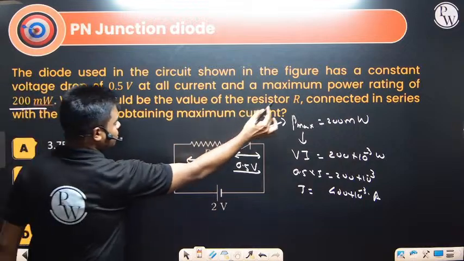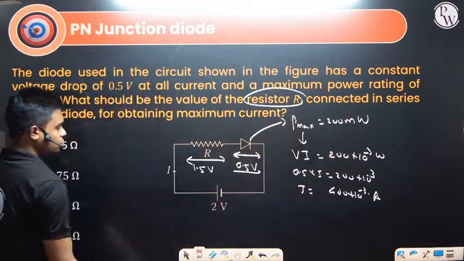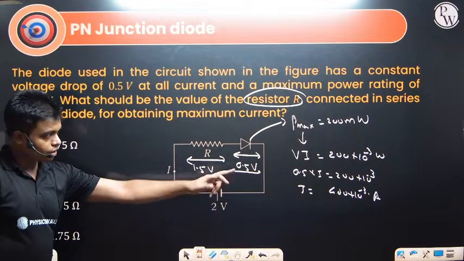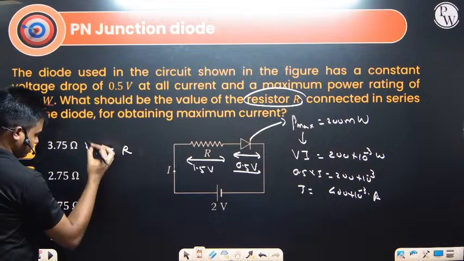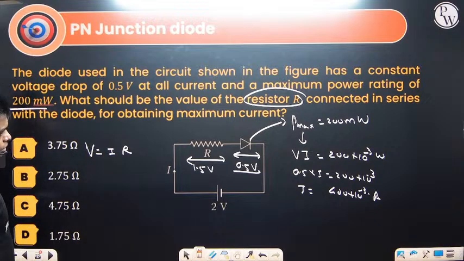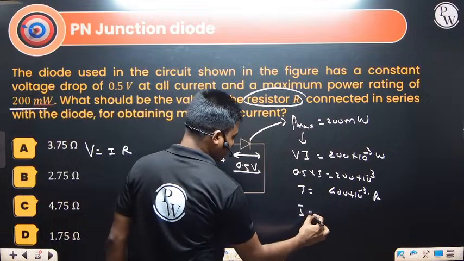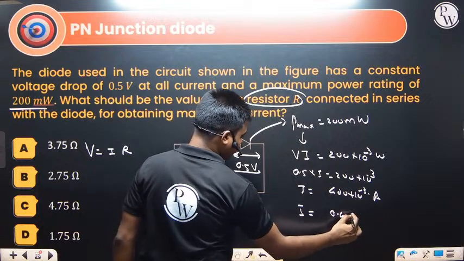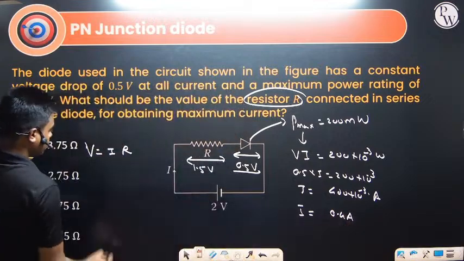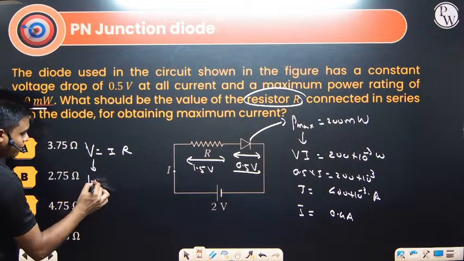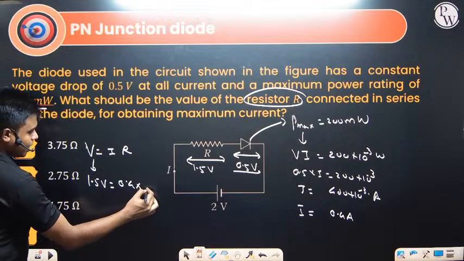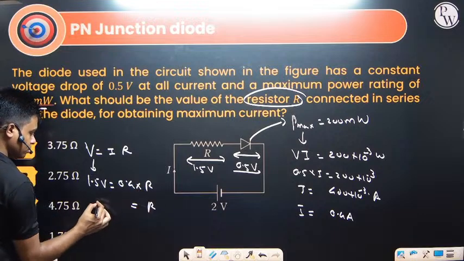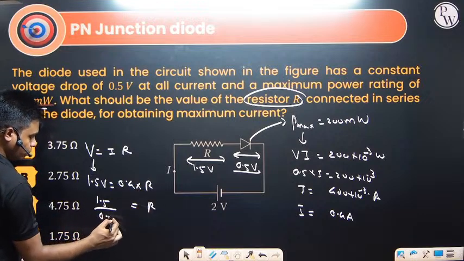Okay. Next, what they are asking? What should be the value of the resistance R connected in series? Now we got the potential difference across the R. We got the current from there. We have that relation V is equals to I into R. So this I value that we are getting from here is 0.4 ampere. So what is V? V is 1.5 volt is equals to I multiplied by R. So what is R? 1.5 divided by 0.4.